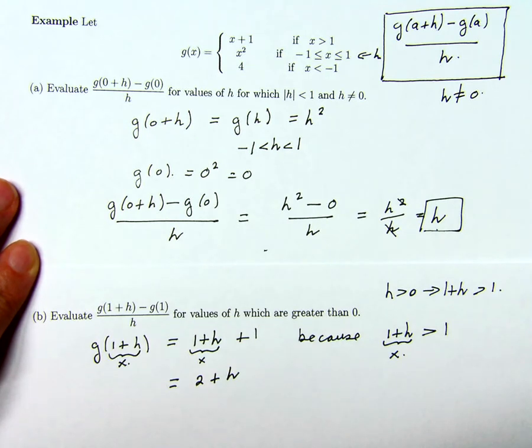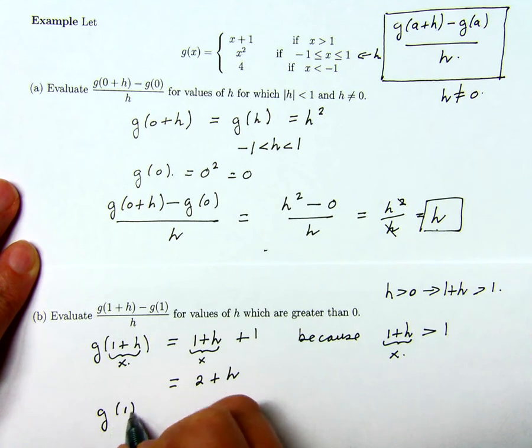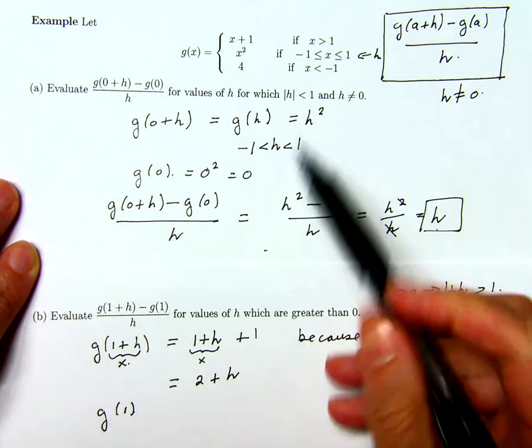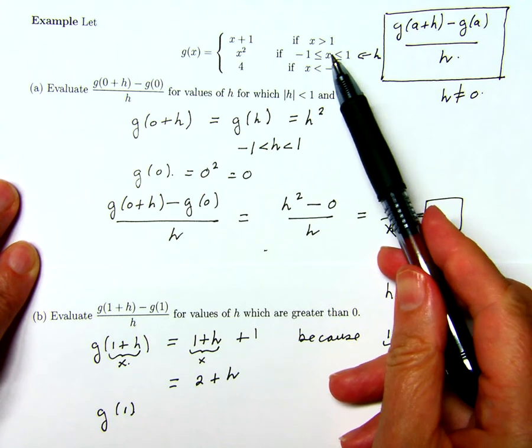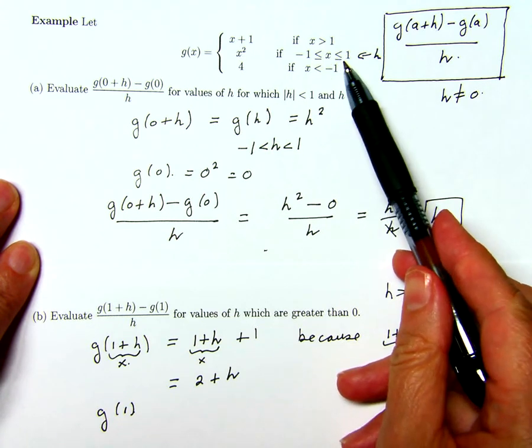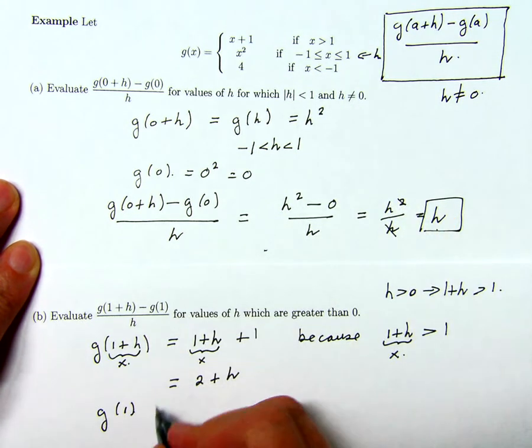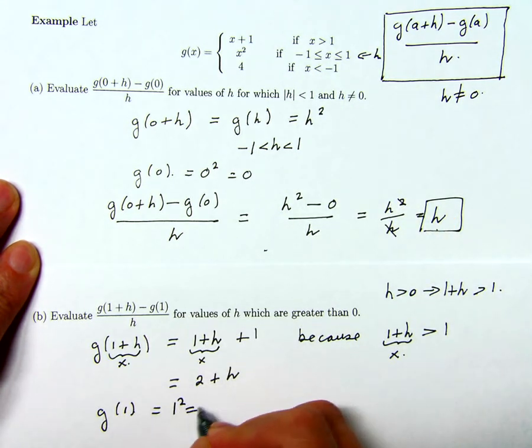And I also have to calculate g of 1 here. And I have to figure out which category 1 is in the definition. Well, 1 is in here. It's between -1 and 1, including the endpoints. So g of 1 is 1 squared. That's 1.